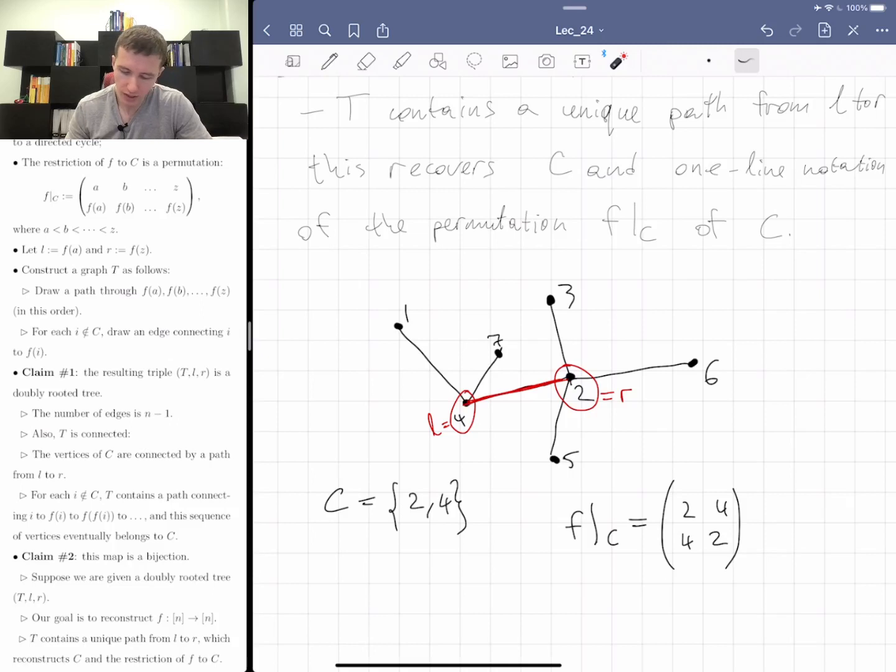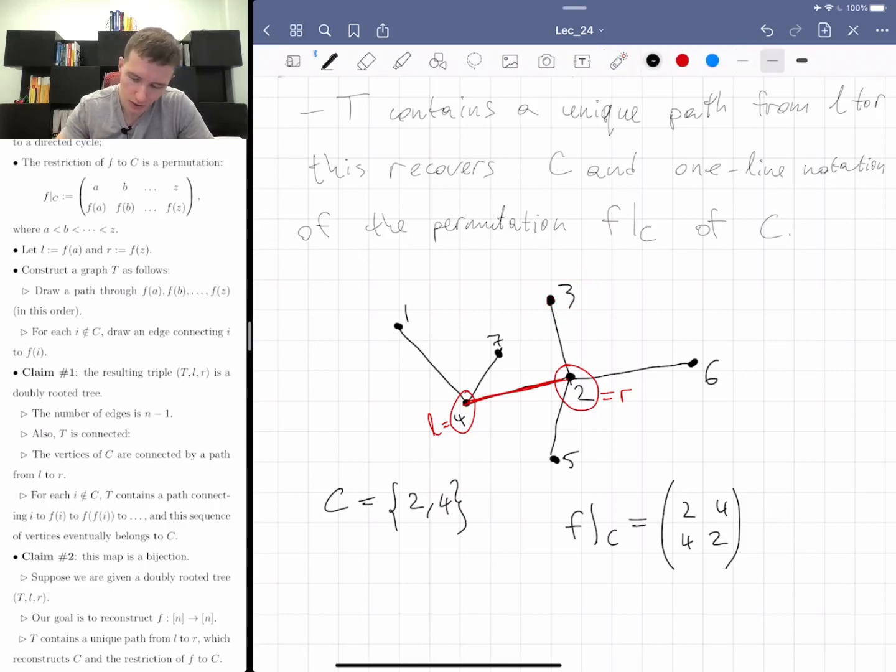And the only thing I have to recover is the restriction of f to all the elements which are not in a cycle. And by construction, for those vertices, the way I chose the edges was, for every other vertex, there's an edge. There could be many edges, right?